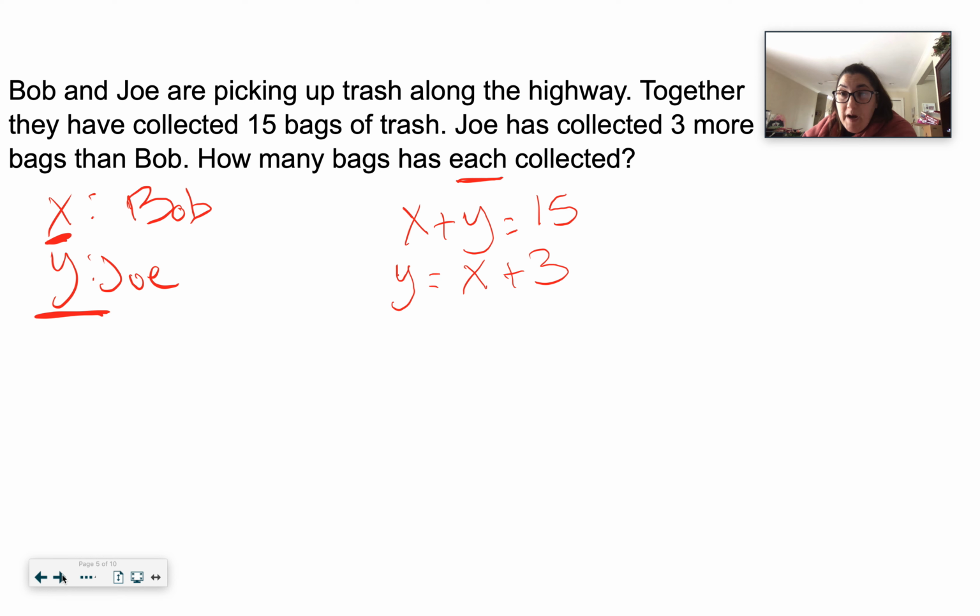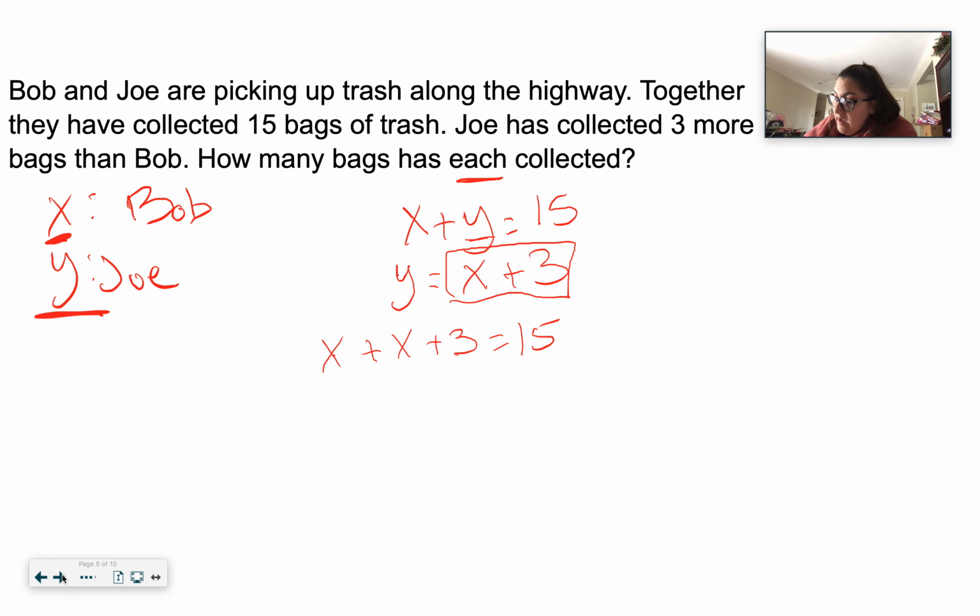Okay? So now on this one, I've got a variable by itself, so I'm actually going to solve this by substitution again. So I'm going to go x plus, I'm going to substitute in place of y, this right here. So I'm going to say x plus x plus 3 equals 15. Okay? So now I'm going to combine like terms.